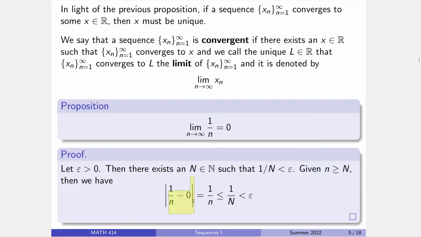Well, if we clean up the algebra here, that's just 1 over n. Since n is bigger than capital N, 1 over n is less than or equal to 1 over capital N, just cross-multiply there. And 1 over capital N was chosen to be strictly less than epsilon. And there we go, given an epsilon, there is a capital N, so that for all n greater than N, this absolute value difference is strictly less than epsilon.